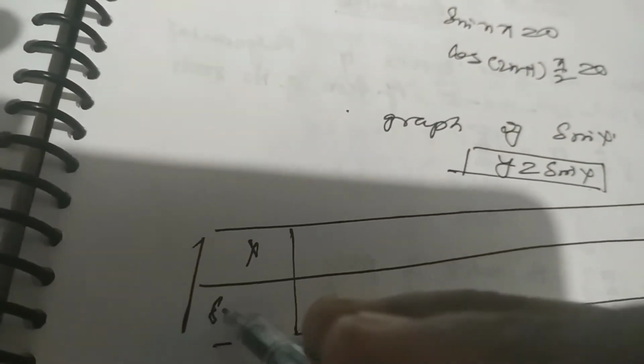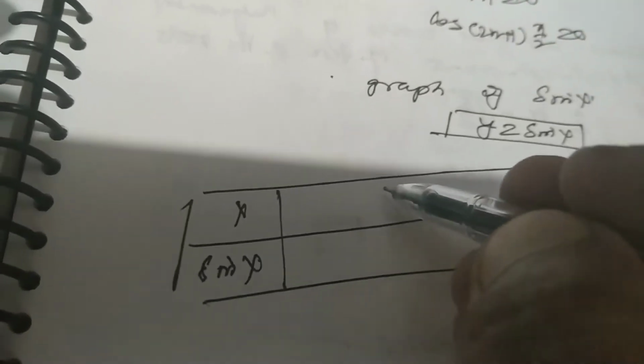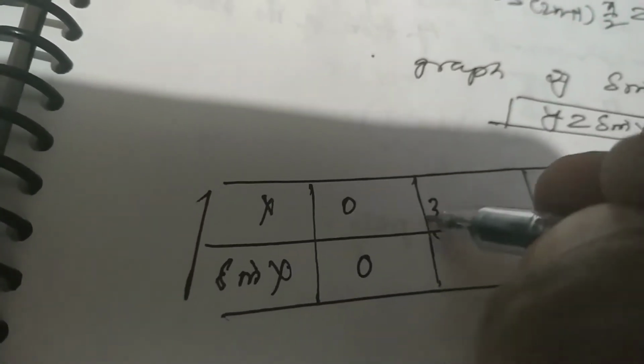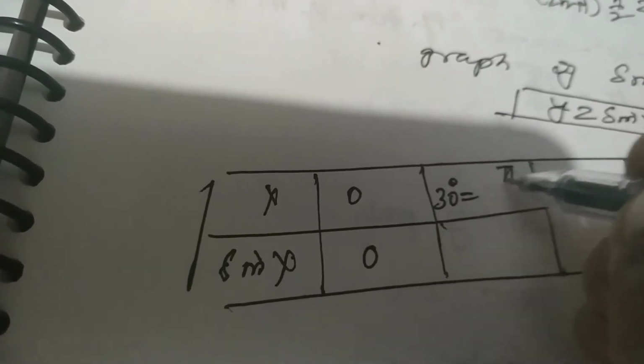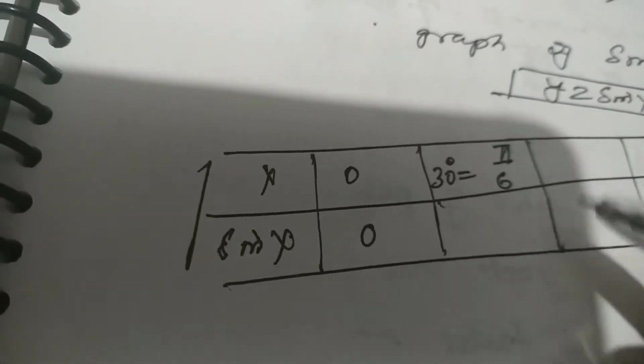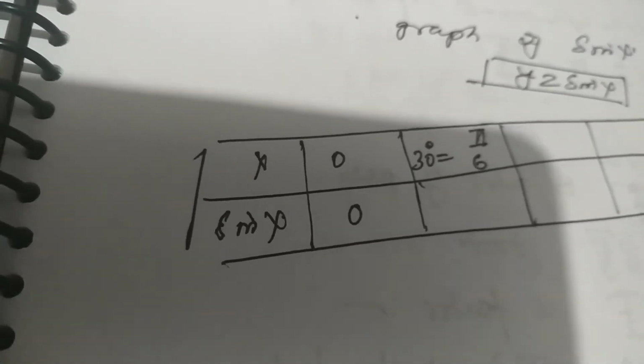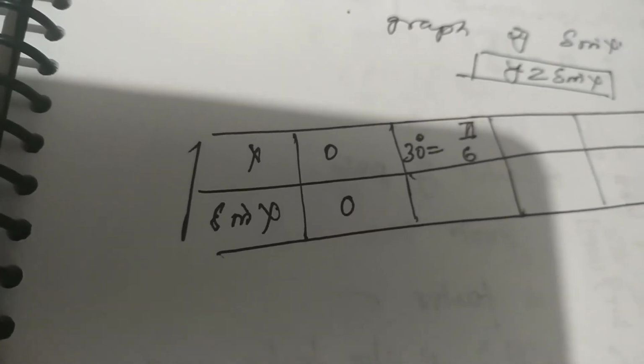This is x and this is sin x. Let's do this for positive and negative values. Sin 0 is 0, and sin π is also 0. Then 30 degrees is equal to π by 6. Degrees cannot be written on the number line.